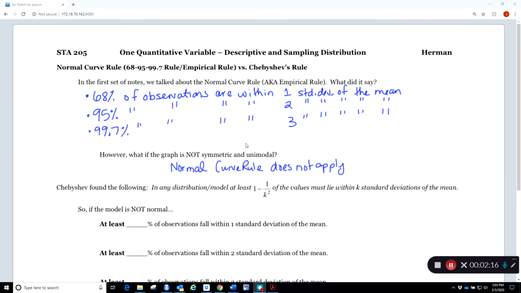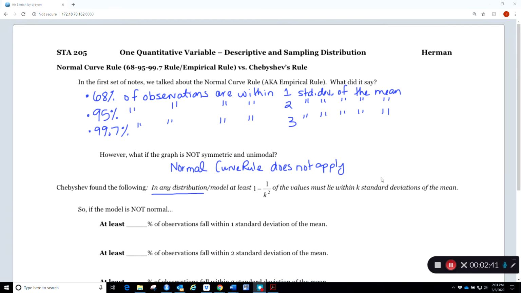So that's where Chebychev's rule is going to come in. What Chebychev's rule tells us is that no matter what the distribution is, what that means no matter what the picture looks like, at least 1 minus 1 over k squared of the values lie within k standard deviations of the mean. Now, I give you that formula, but I don't expect you to actually calculate it.